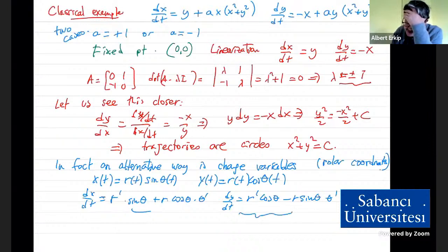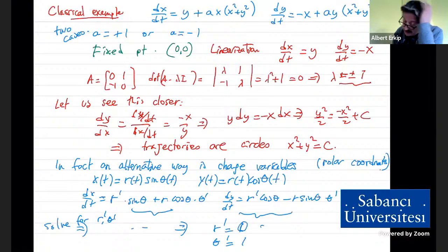Now, if you plug these in and solve for r prime and theta prime, you get r prime equals 0, theta prime equals 1, which gives r of t equals r0 and theta of t equals t. And that indeed gives circles.